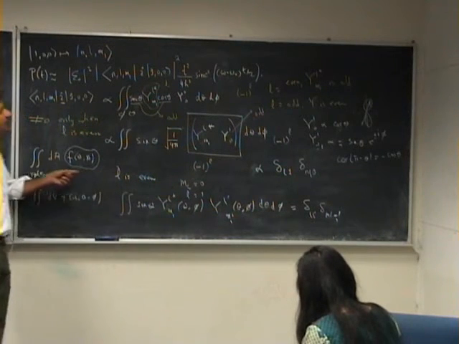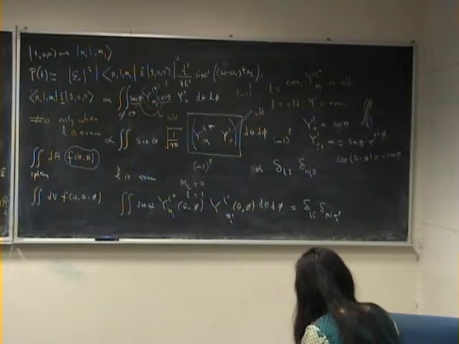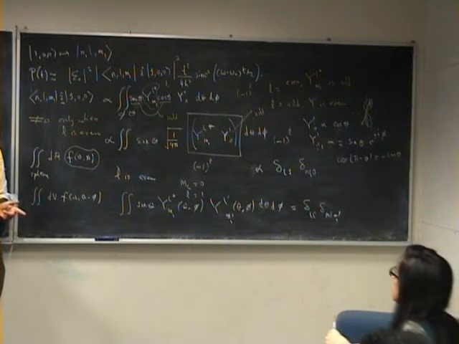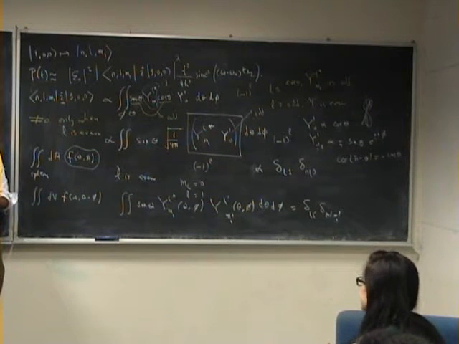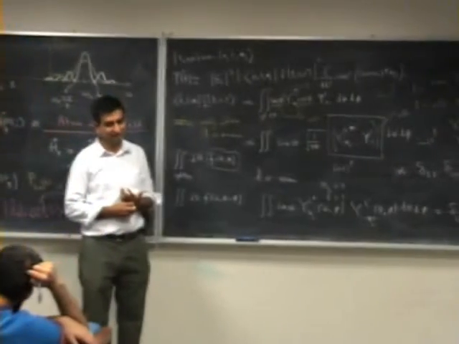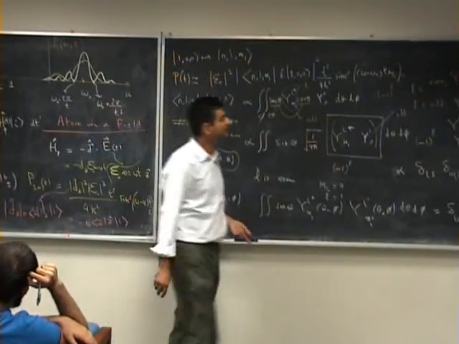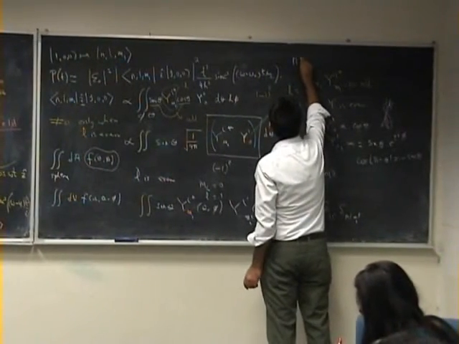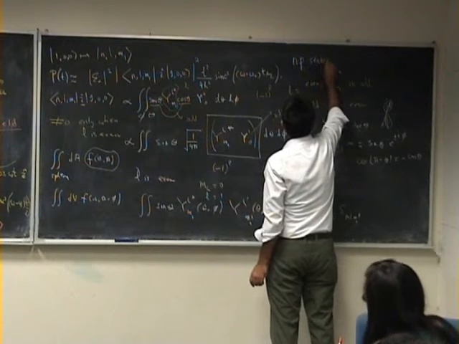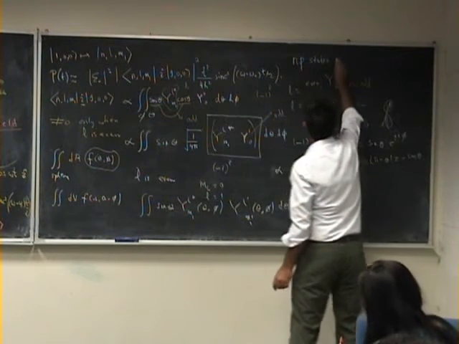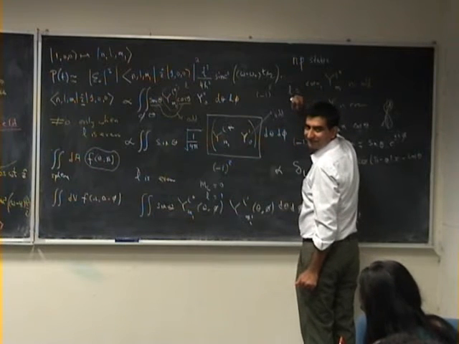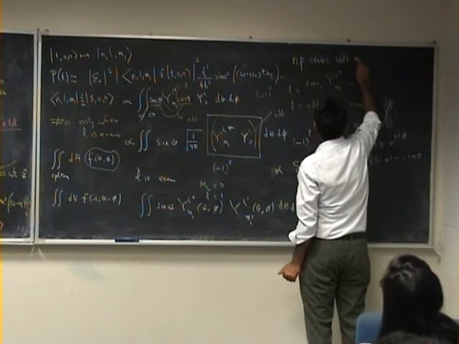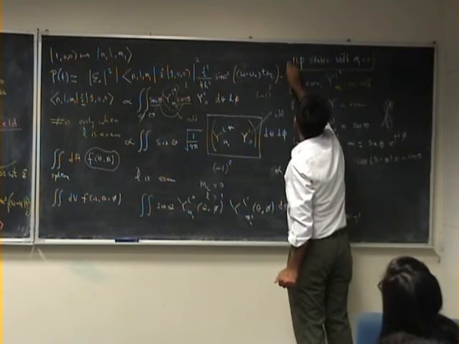So if I would like to find the probability of making a transition to this state, this probability will be non-zero only when L is 1 and ML is 0, which means that I can only make transitions to NP states with ML equals 0.